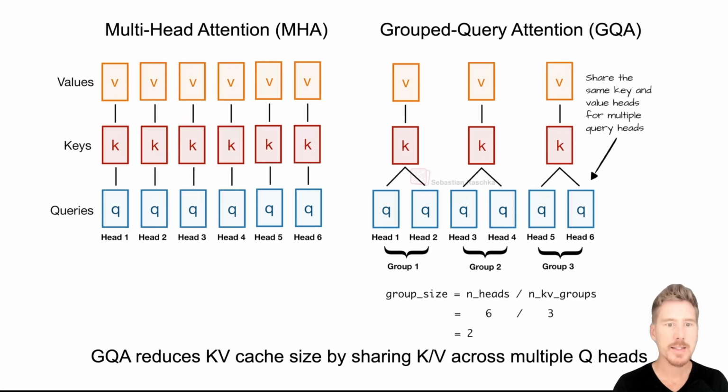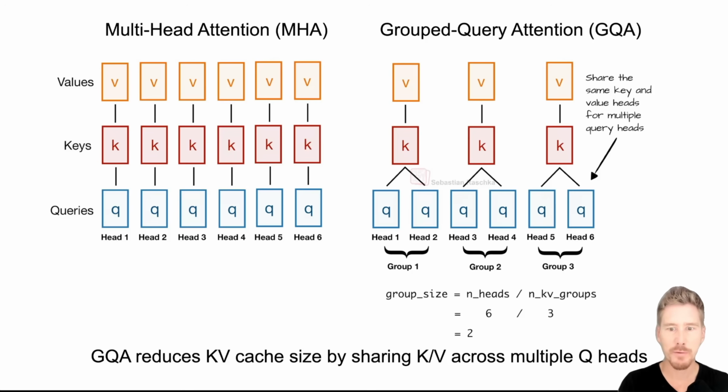On the left-hand side is the traditional multi-head attention mechanism, where for each query, for each input, we have a key and a value. And then in grouped query attention on the right-hand side, we now have these query groups. Here I chose an example where we still have 6 query heads, and 2 query heads share the same key and value. So in a sense, we are sharing things.